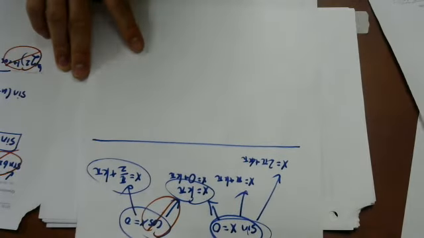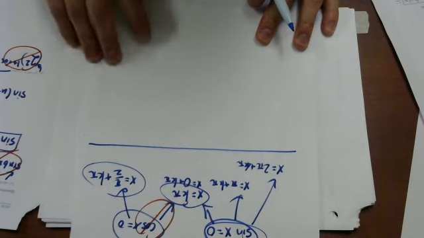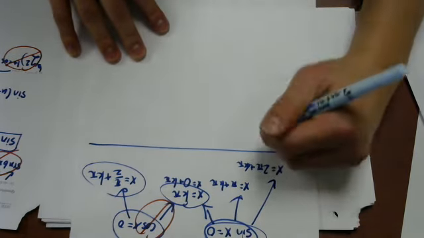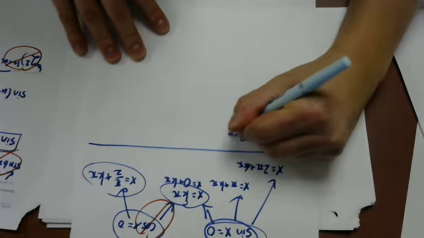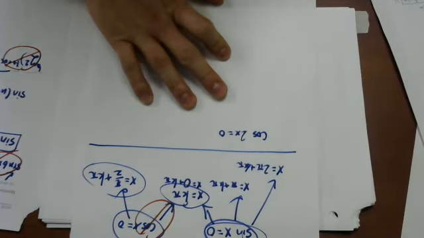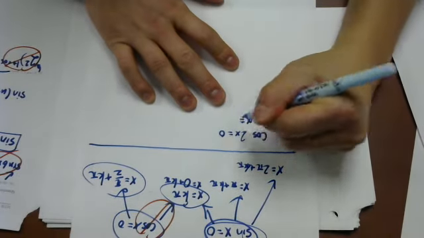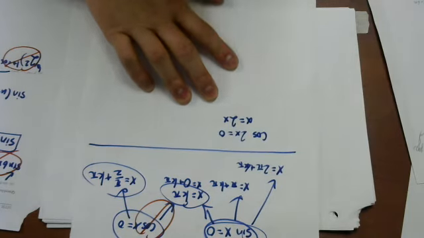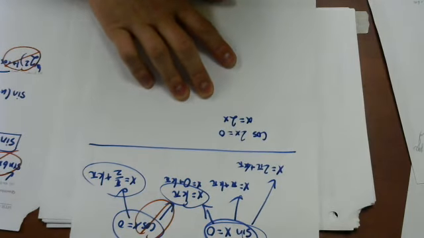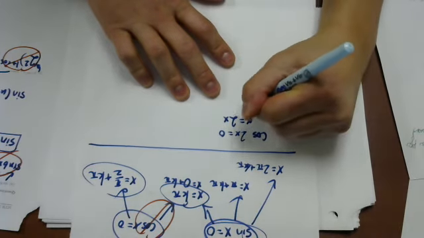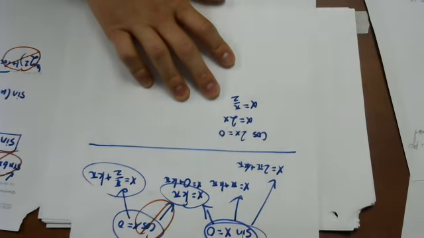Another kind of issue that came up was people did things like this. So cosine of 2x is equal to 0. They did the substitution alpha is equal to 2x. Okay, that's good. And then people did things like write alpha is equal to pi over 2, right?